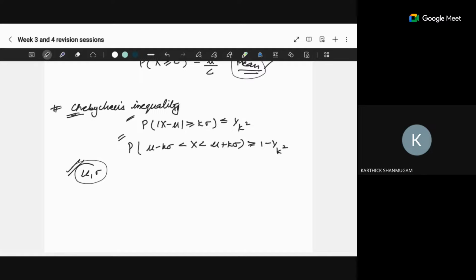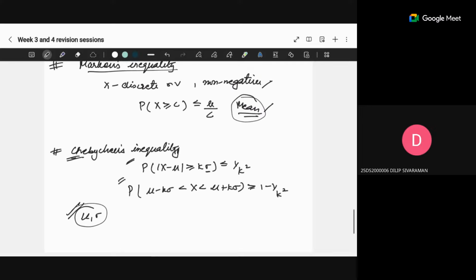Higher precision? No, because for Chebyshev's also you have the mu, right? I have the mu, but in Chebyshev's we need the sigma as well, right? When we have only the mean, then you have a choice, right? You can use Markov's also. So why is it that you prefer Chebyshev's is my question.